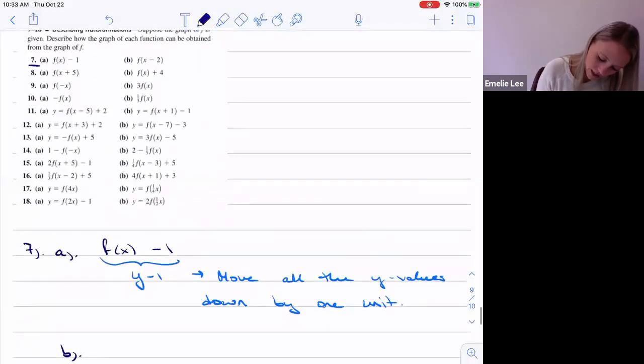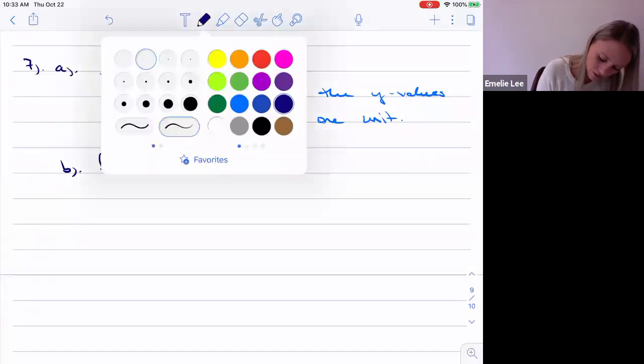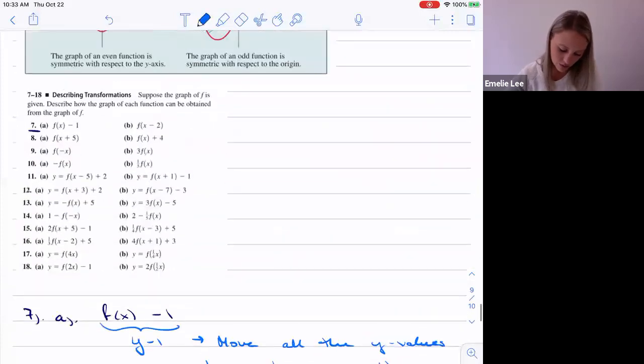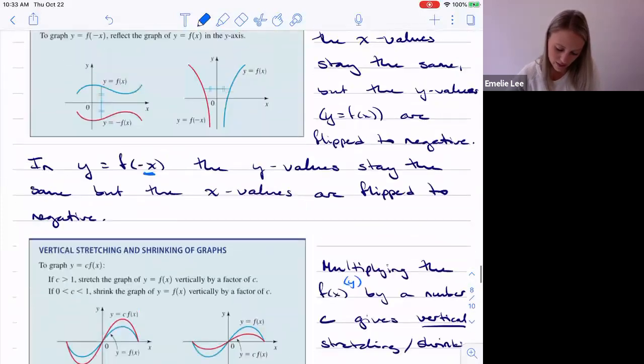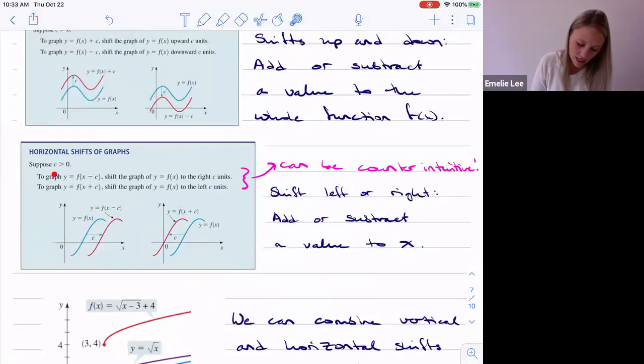How about 7b, f of x minus 2? Now we're not really subtracting 2 from each x, because it works, like I said, the opposite of what you want it to do. But we do have c, which in this case was 2.